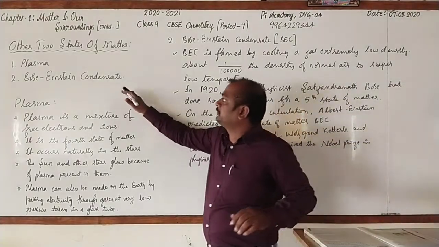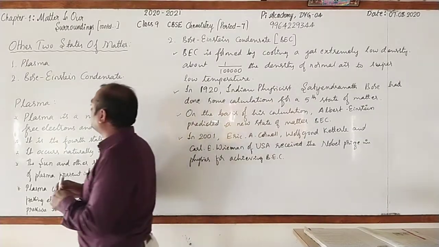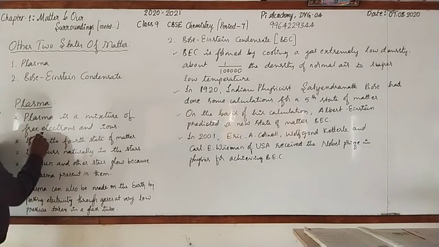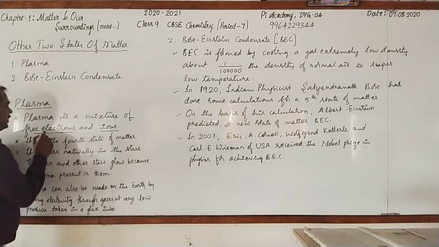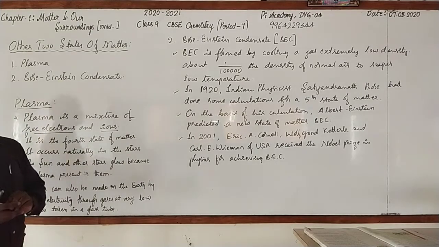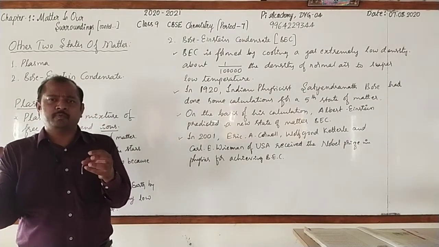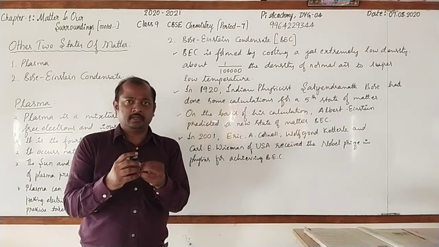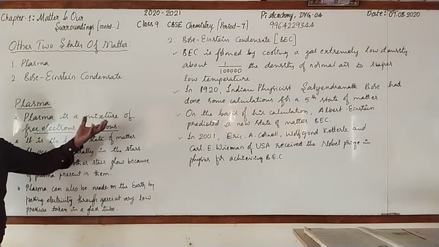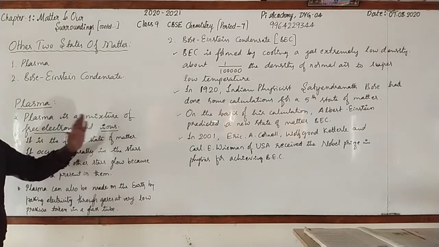Dear students, here I have written the explanation about plasma. Just as I explained, plasma is a mixture of free electrons and ions. I've told you what free electrons and ions are. Free electrons are the electrons present in the outermost orbit of an atom, or the electrons which are very loosely bound to the atom. And an ion is a charged atom.